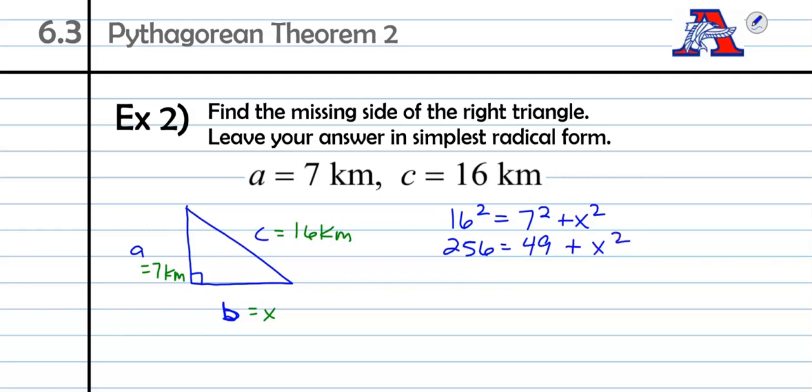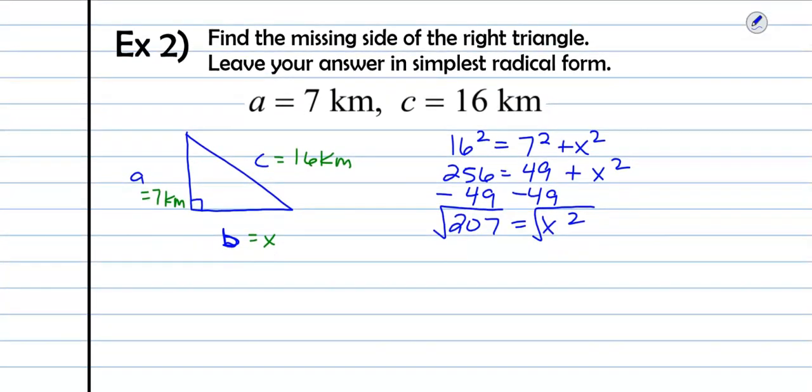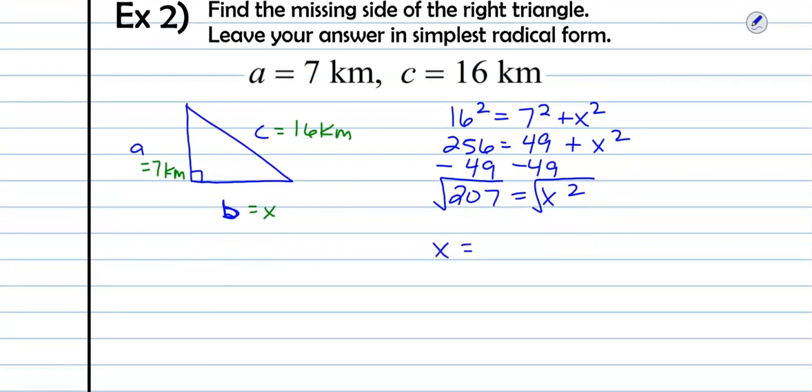Now we need to get x squared by itself, so we need to get rid of the 49 attached to it. We subtract 49 from both sides, and that's going to be 207. Then we take the square root of both sides, so x is equal to the square root of 207. We're going to see if we can simplify that.